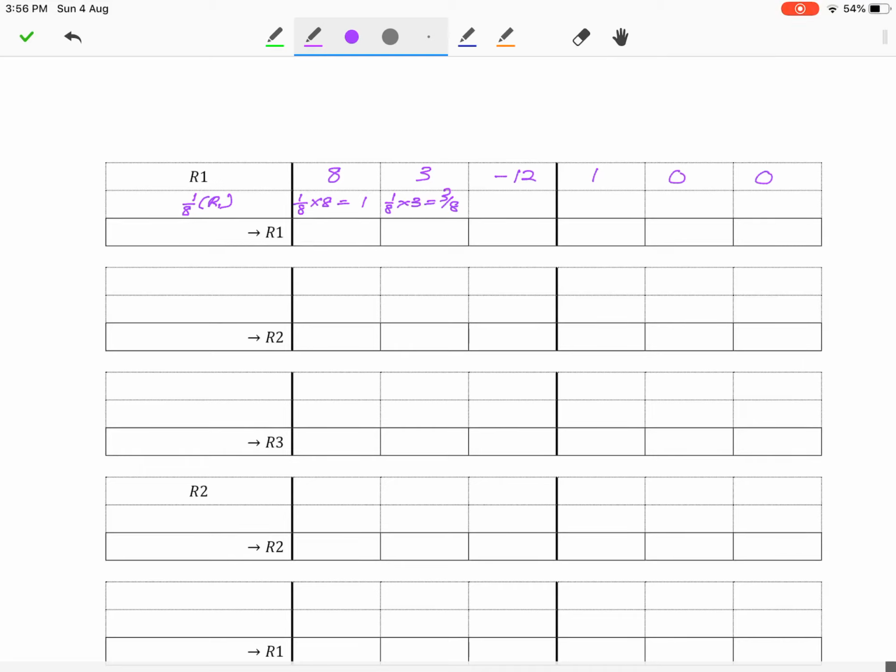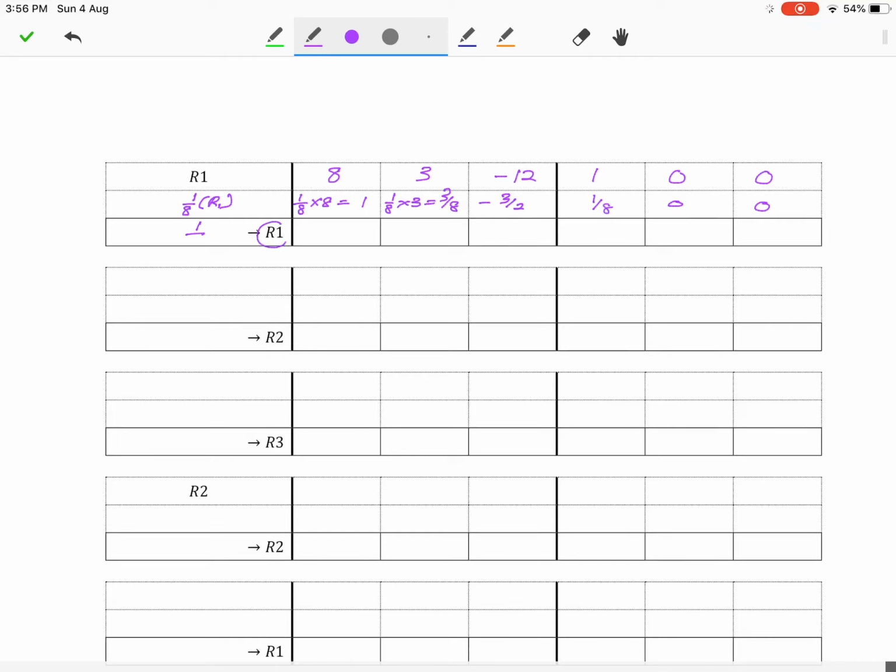So in this case, you're going to have negative 12 over 8, which simplifies to 3 over 2, and then 1 over 8, 0 and 0. So that is the first step. You are making the first entry of the first row 1, and you want it to be the new R1.